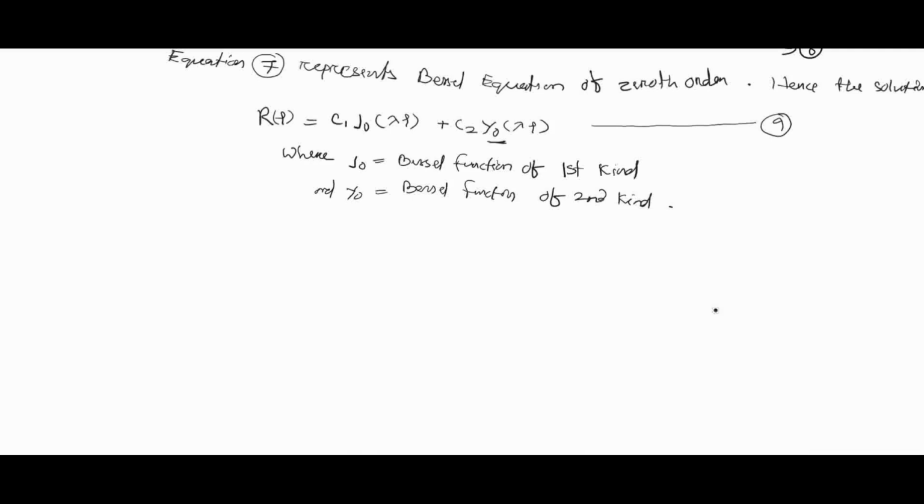So when ρ is equal to 0, along the axis, Y0 of lambda ρ diverges.